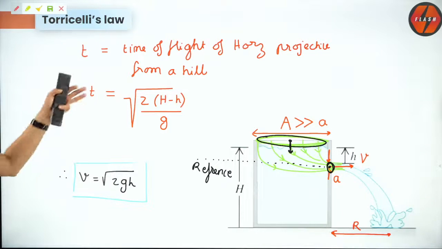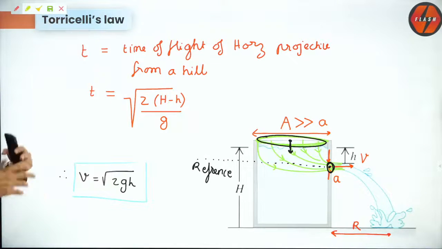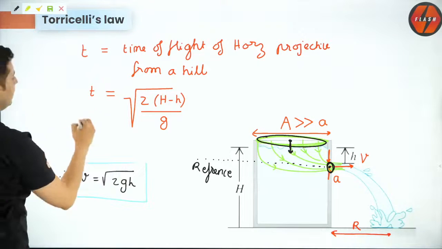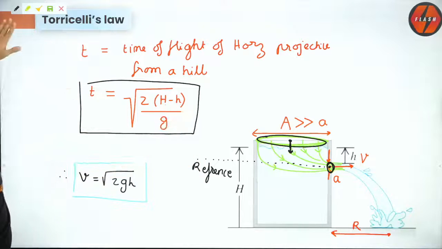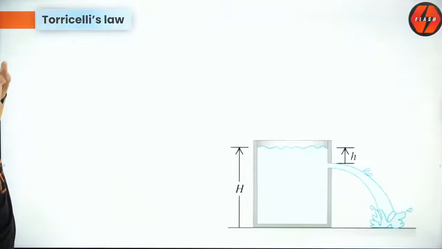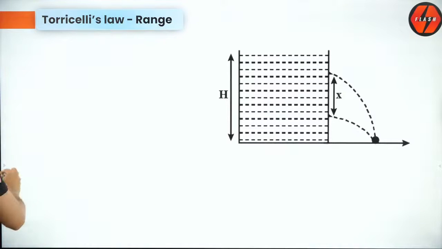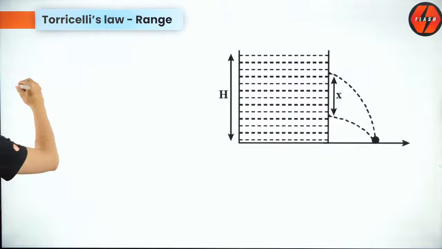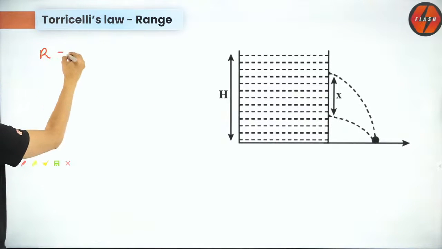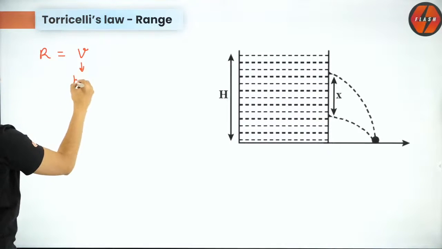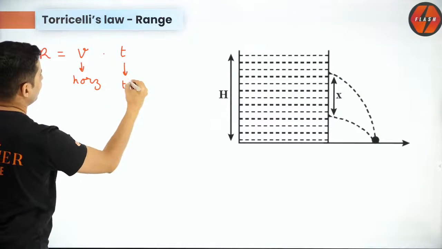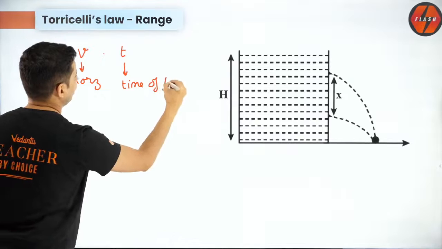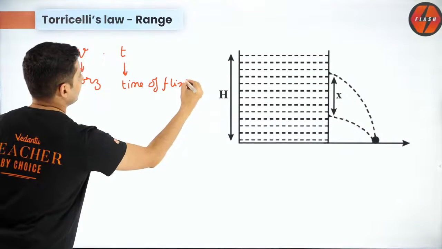Now once you know the time of flight and the velocity, you can also get to the range. First of all, block this result. Remember this. This is like projectile motion only. There is nothing great about it. Alright. Now let's go to the range of the projectile. So the range will be horizontal velocity multiplied by the time of flight in the x direction.